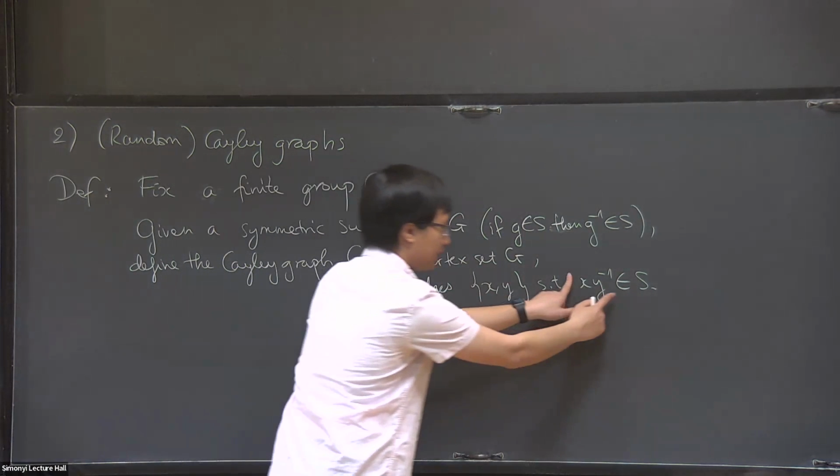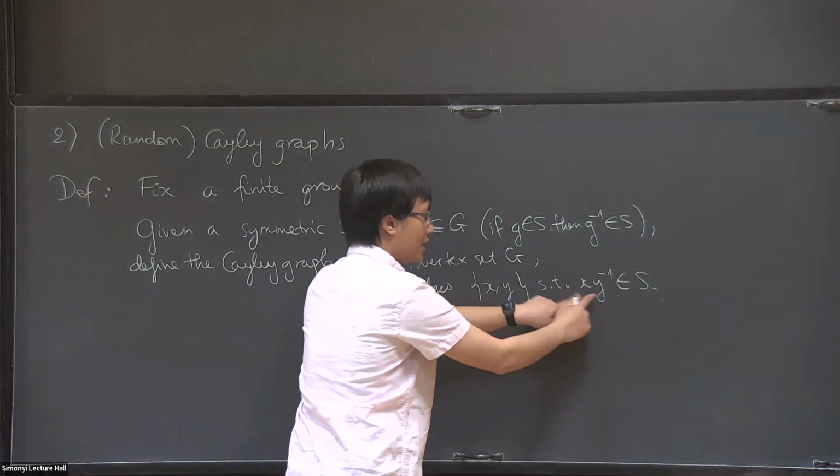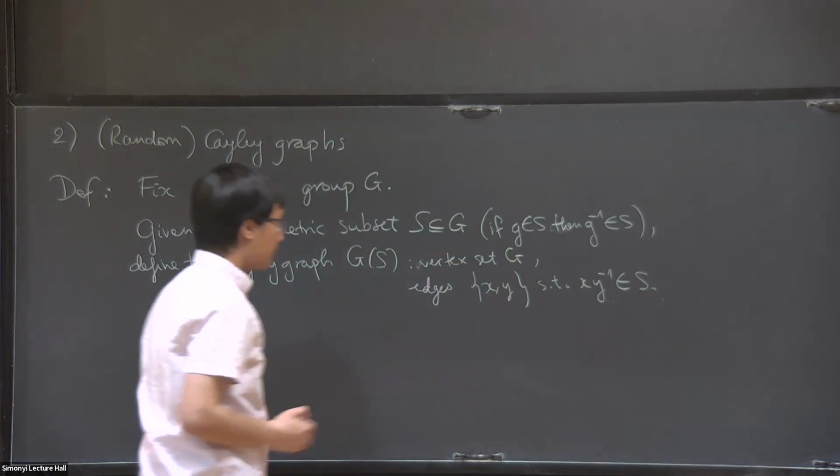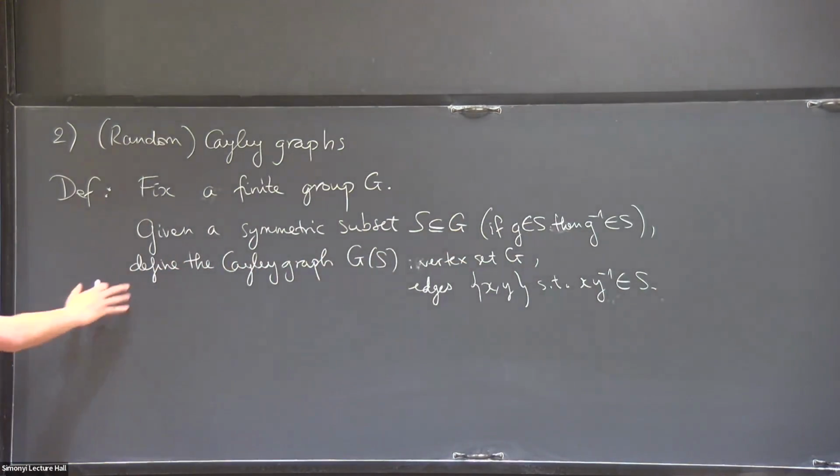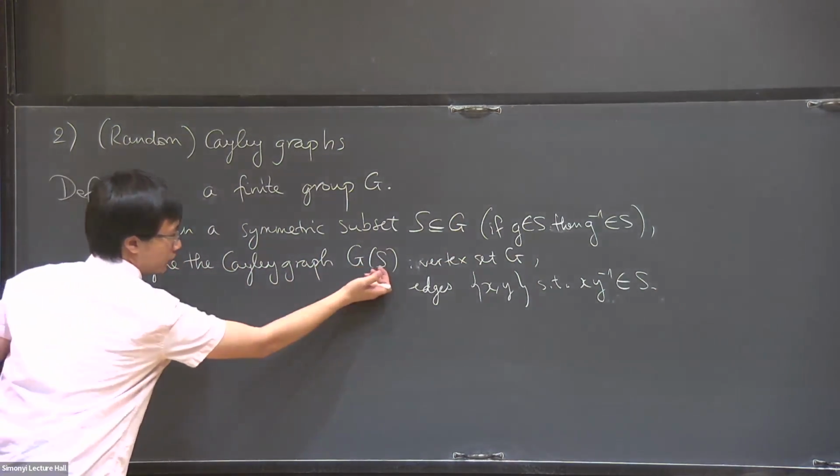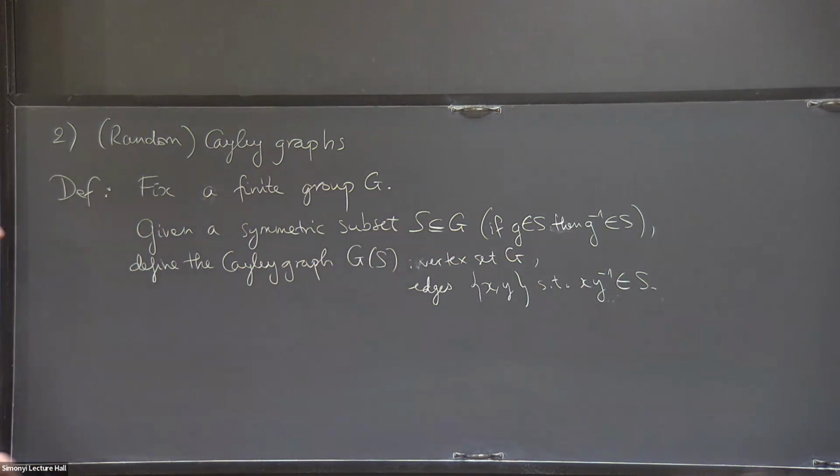So in particular, if x y inverse is in S, then y x inverse is also in S. Okay, so this defines a Cayley graph whenever we specify this generating set S.